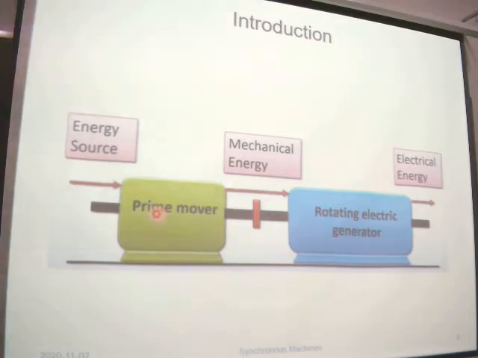In the process of energy conversion, there are also some losses, for example the iron losses, magnetic losses, and the copper losses, just as we have studied in chapter 6 and chapter 7.